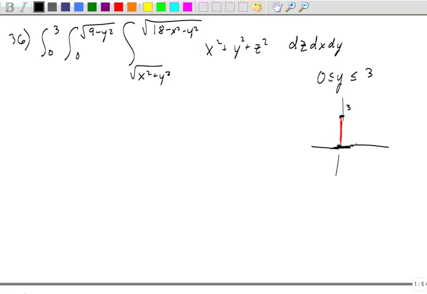Okay, that's y. And x is between square root of 9 minus y squared and 0. So x is between 0 and the circle with radius 3.